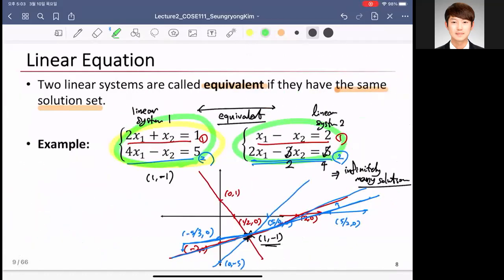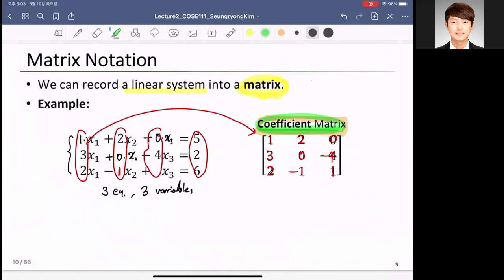And equivalent, right? In this case, linear system 2 is an equivalent system of linear system 1, or linear system 1 and linear system 2 are equivalent to each other. We also introduced the matrix. When you just consider the coefficients, we can say that this is the coefficient matrix.